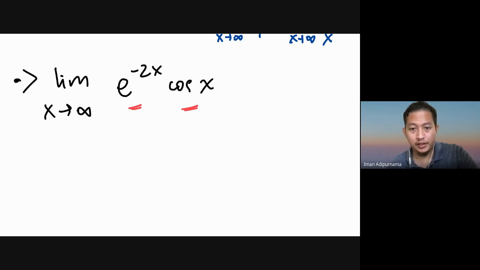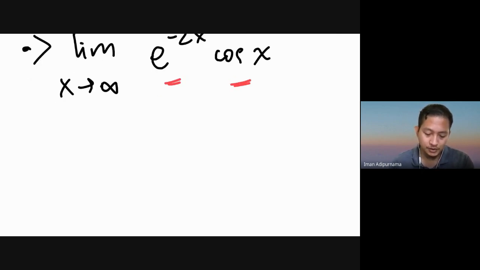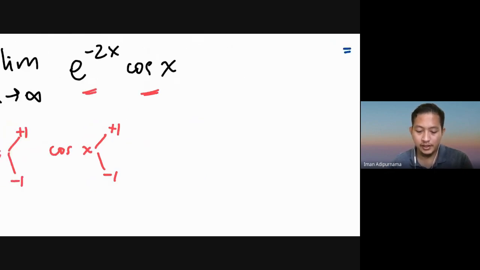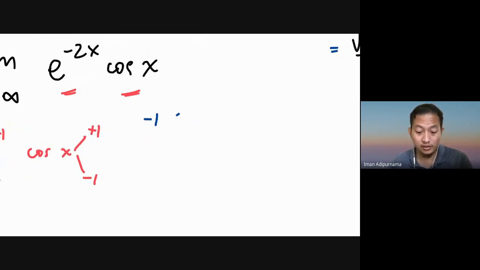Remember, every time you get some trigonometric, in this case cosine, for example sine or cosine, both of these trigonometric values have a maximum of +1 and a minimum of -1. This is also the same case here, right? So we can say this cosine x will be between -1 and +1.